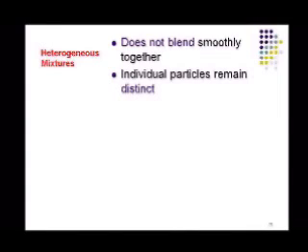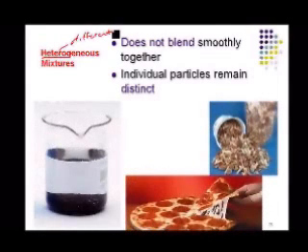They have noticeably different parts. That's because the prefix hetero means different. Each individual particle remains distinct. So if we were to mix sand with water, we can noticeably tell the difference between the sand and the water.